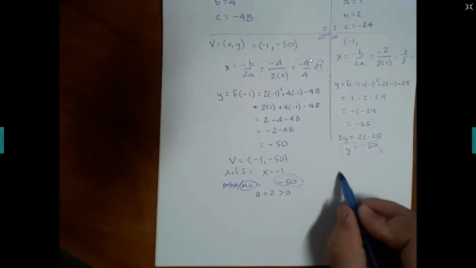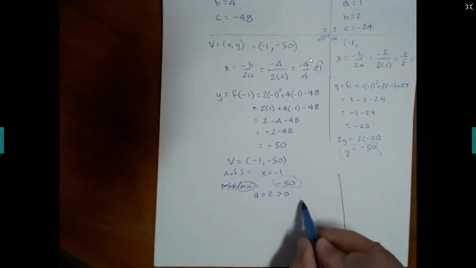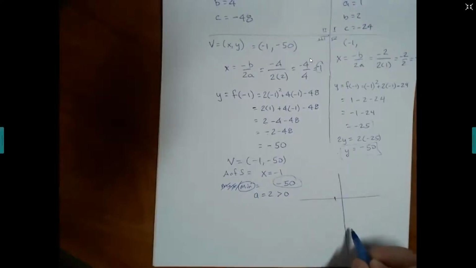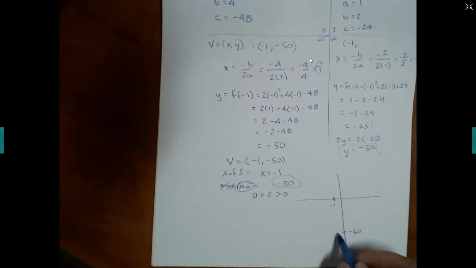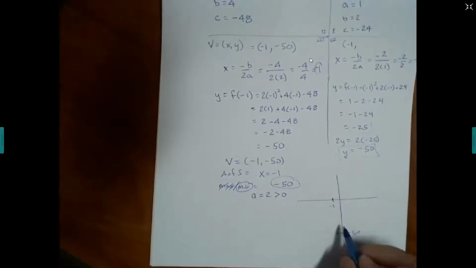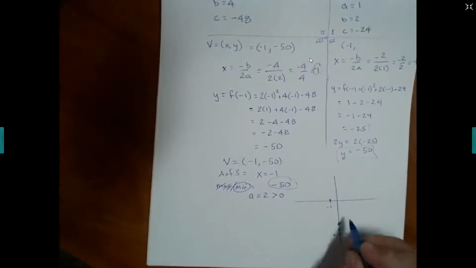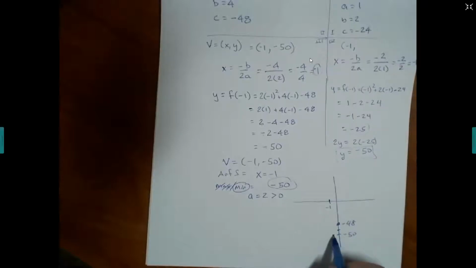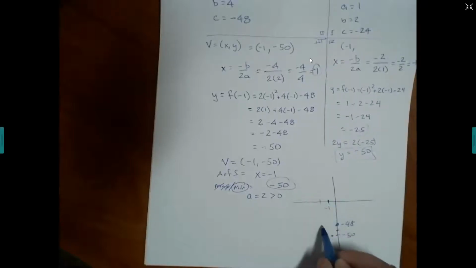Okay, here's our rough sketch of our picture. At -1, -50 we have a dot there. We have the y-intercept at -48, so at -48 we have another one there.